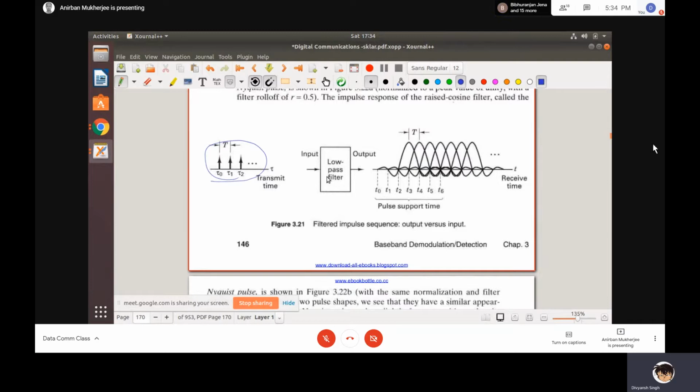If r is 0, then it is a normal rectangular filter with a sinc as the time domain characteristic. If r equals 0.5 or r equals 1, the frequency response will be like a smoother type of filter, but in the time domain the sinc will be damped.